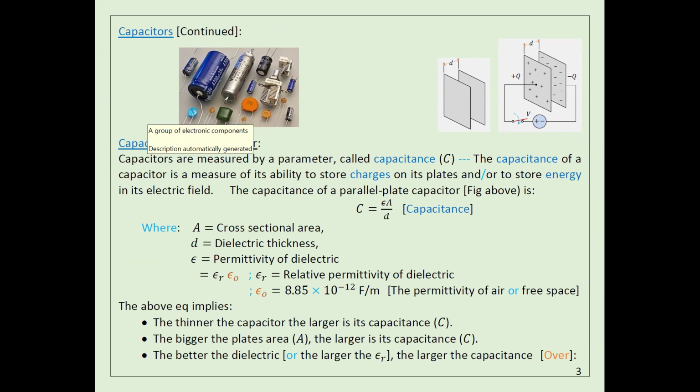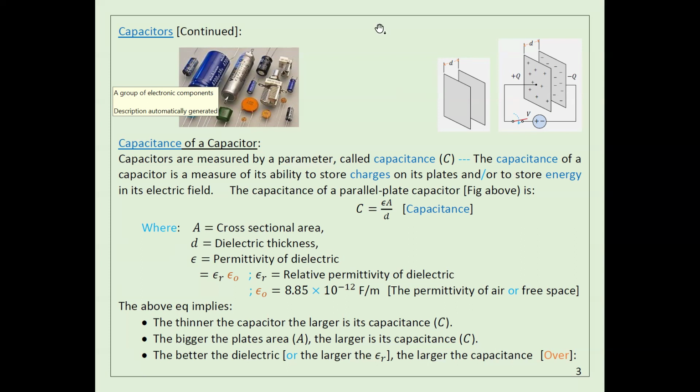That means any terminal can be positive or negative. It doesn't matter. You can flip it. However, this one here has polarity. Polarity means one terminal has to be connected to the positive side and one terminal has to be connected to the negative side. Otherwise, if you flip it, it's going to pop.